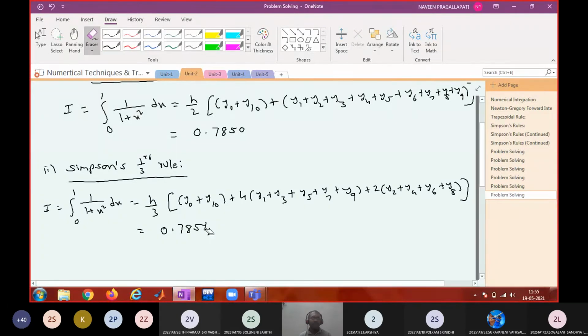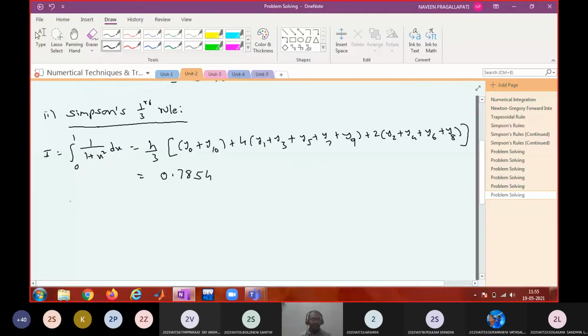Okay. And you can compute the exact value also. So what is the exact value?